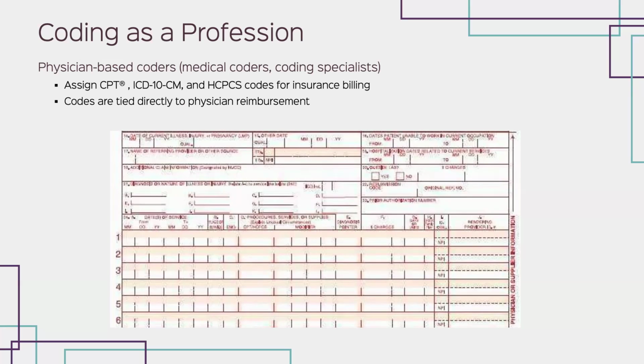Most coders will specialize in coding your patient's medical information for insurance purposes. Physician-based coders will review your charts, assign codes from the CPT, HCPCS, and ICD-10-CM code systems for your insurance billing. This will be tied directly to your physician's reimbursement, and careful thought to assigning your correct codes is going to be essential for your physician's livelihood.